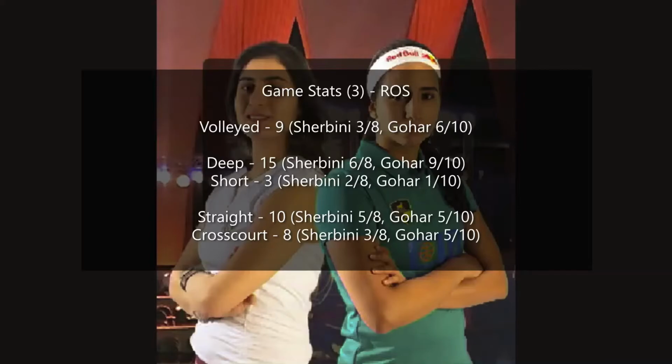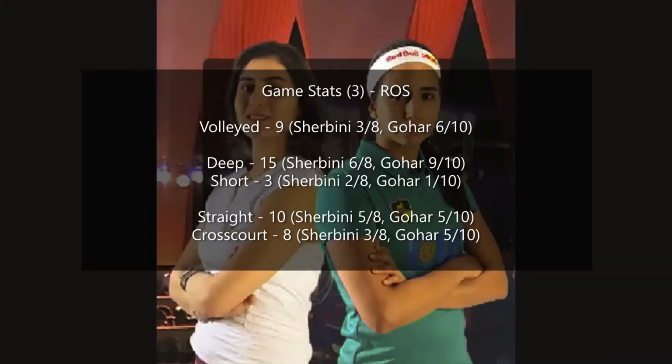At the same time, even though there were only 3 short returns of serve, Sherbini's 2 was out of 8 attempts to return serve, while Gohar's was 1 out of 10. So the percentage would be 25% of the time for Sherbini and 10% of the time for Gohar, which means Sherbini is more likely to take the ball short on the serve than Gohar.